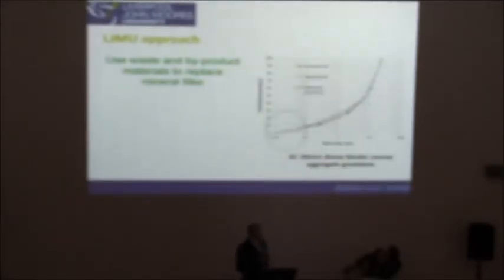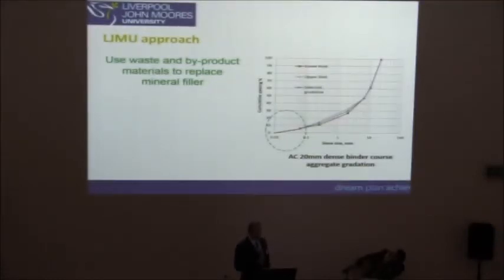The third approach is ours, using waste and byproducts to replace the mineral filler. This is the aggregate gradation of our mixture. It is an asphalt concrete 20 millimeter binder course.